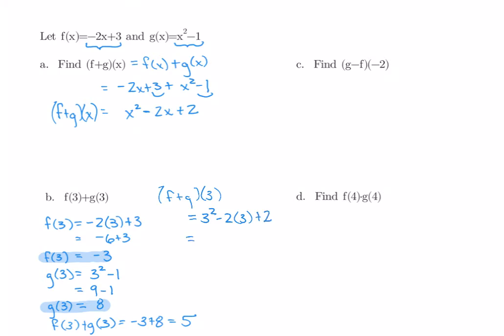And if we simplify this, we get 9 minus 6 plus 2. 9 minus 6 is 3, and 3 plus 2 is equal to 5. So notice that no matter how we do it, we get the same thing.